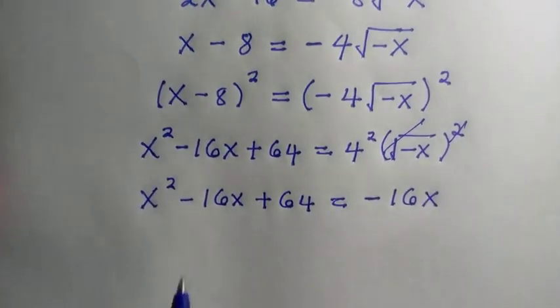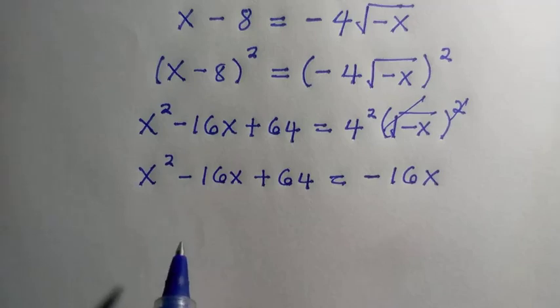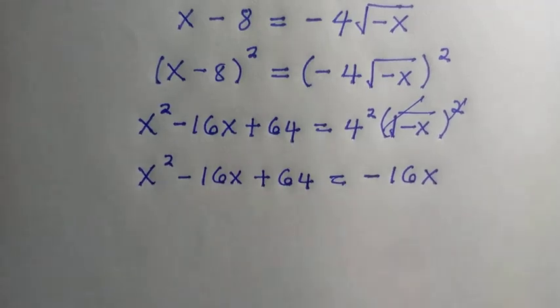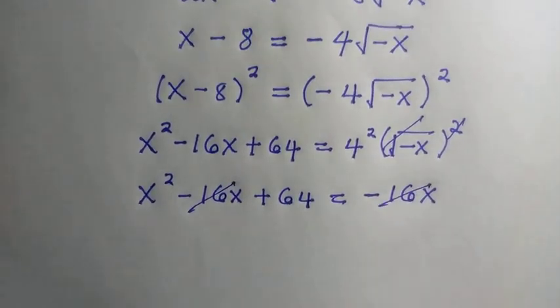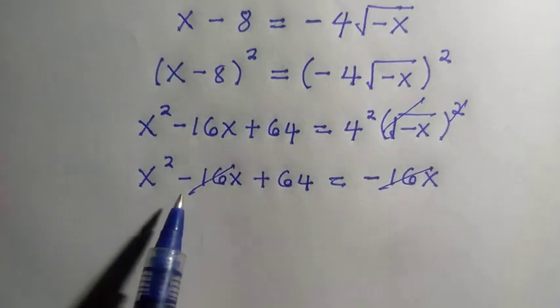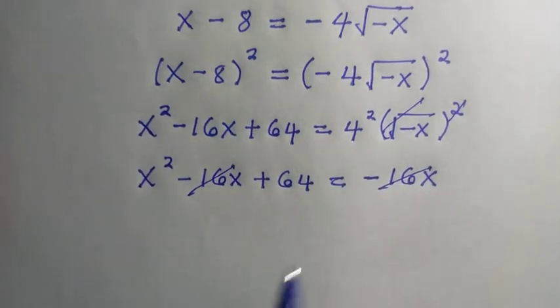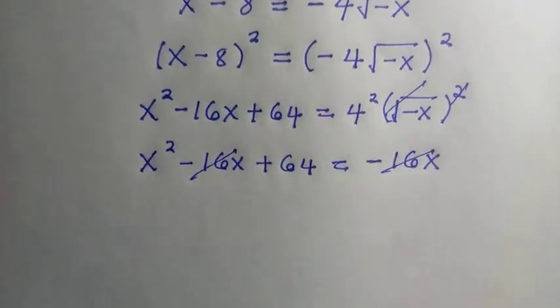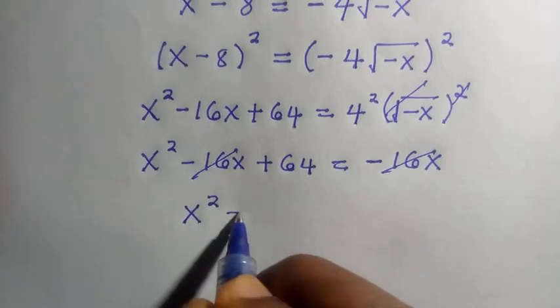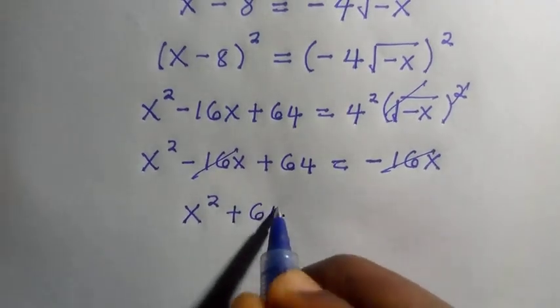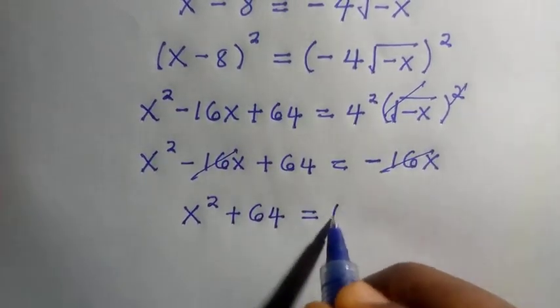So without collecting, we can just say this and this cancel each other, since one is negative and the other one is positive, so they cancel like that. So at this side we have x to the power of 2 plus 64 equals 0.